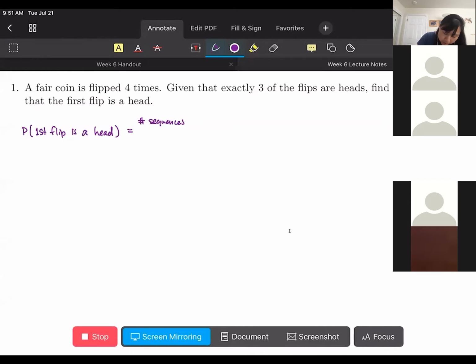Cool. So I'm writing out what you said: the probability that the first flip is a head, given that 3 flips are heads. I should write this more precisely.